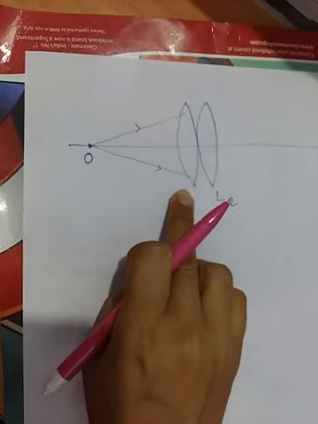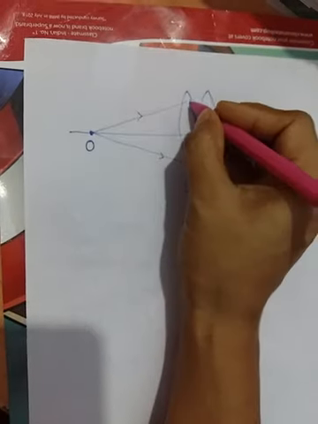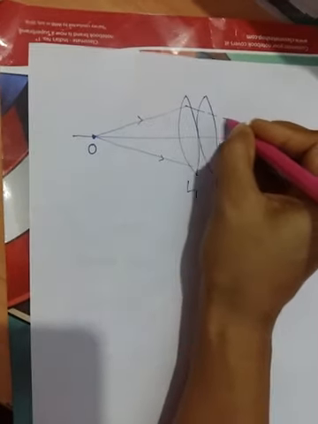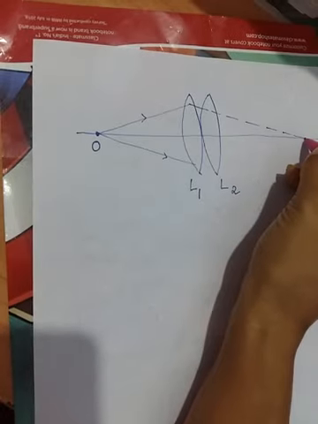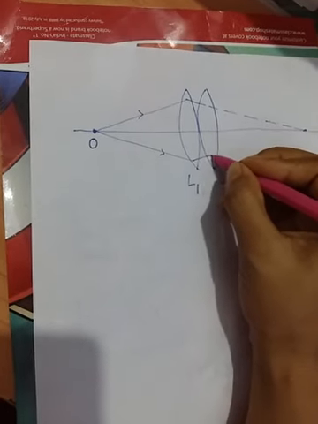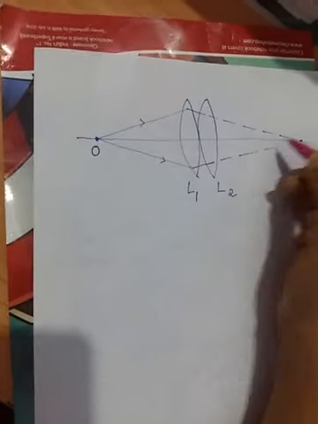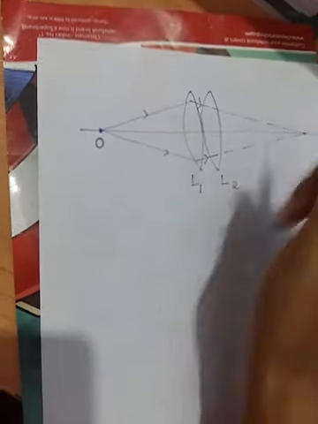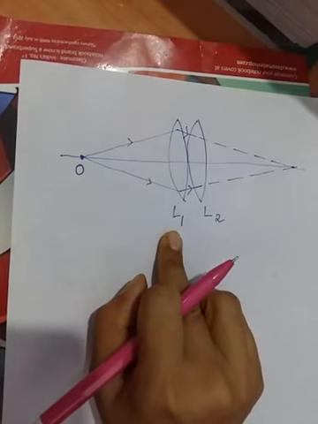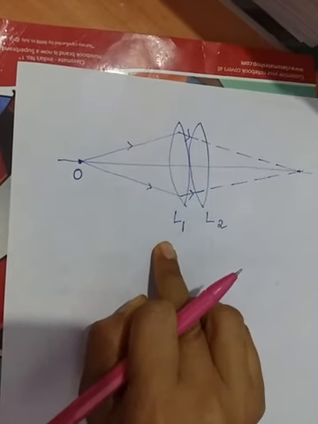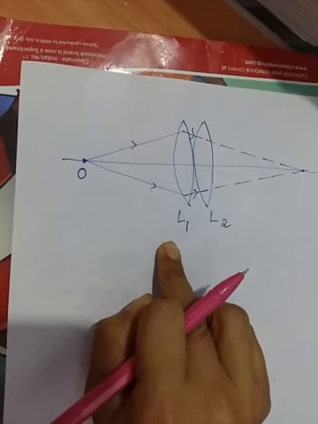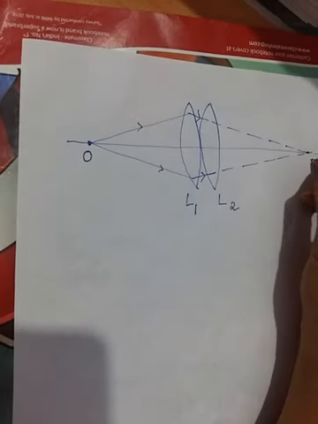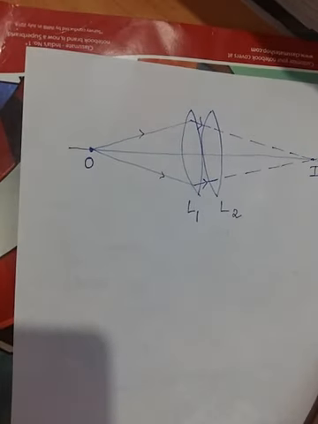Since it is convex, the rays of light converge at a particular point. First we consider L1 only. Whenever we consider only L1, the rays of light converge at the point I1.